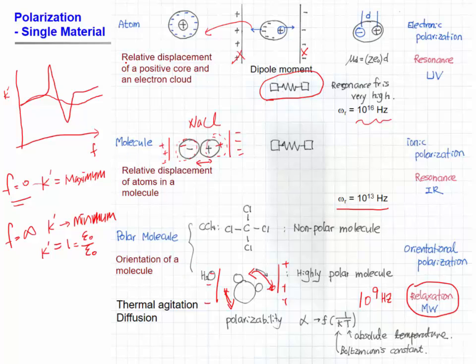So the electronic polarization shows the resonance, and ionic polarization is for the molecular scale, and the orientation of the molecule shows the relaxation type of behavior in the microwave region.